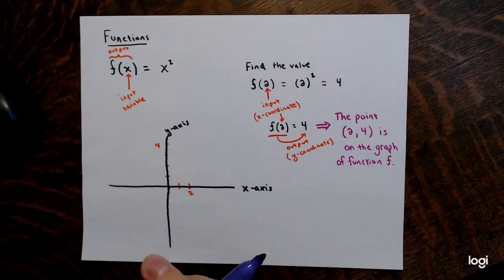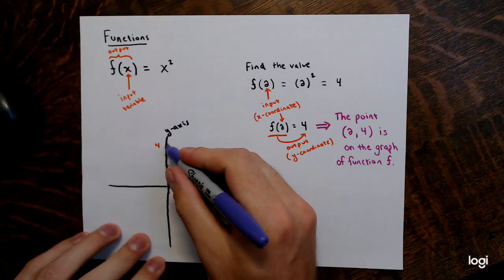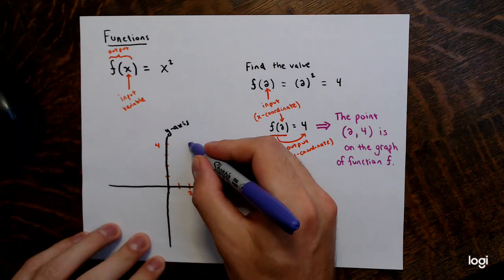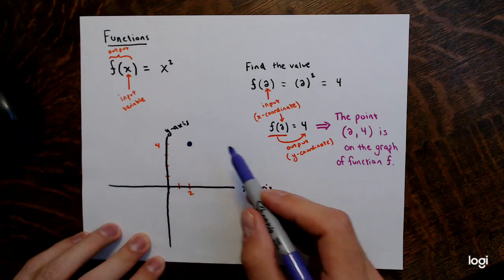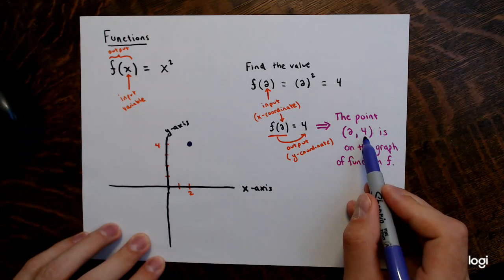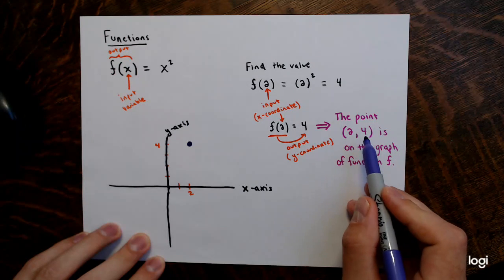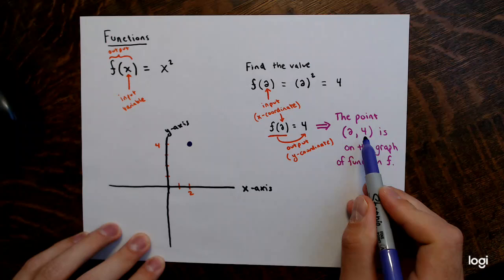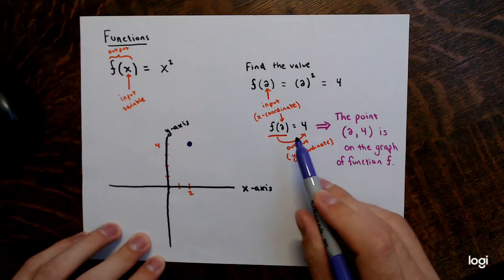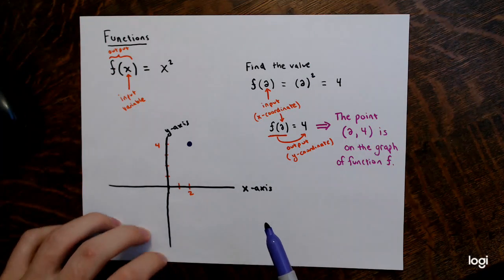The only point on the coordinate plane here that's in line with both of these is this point right here. There's the ordered pair (2, 4). Again, all it means is input 2, output 4, and this 4 is the value of f of 2, or f at 2, like I've written here.